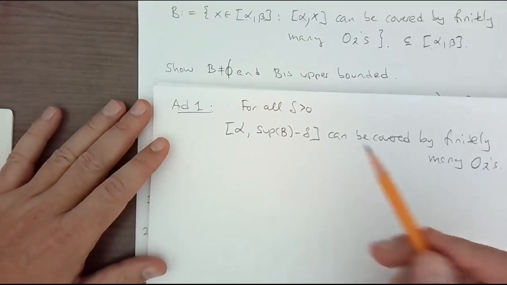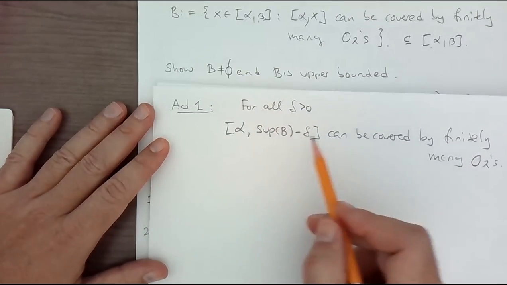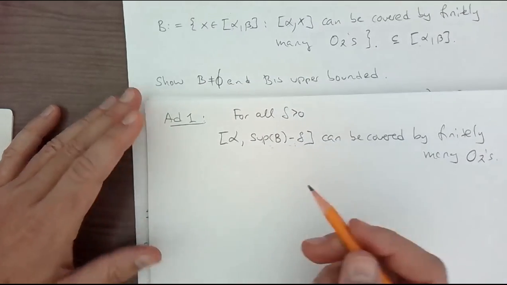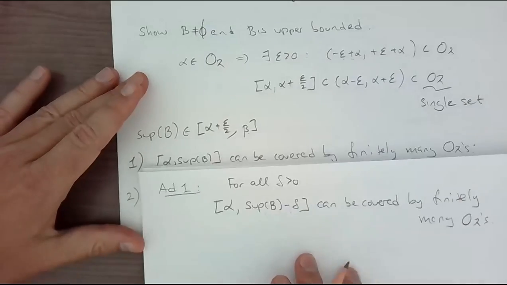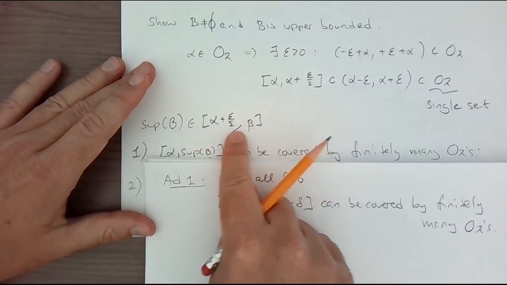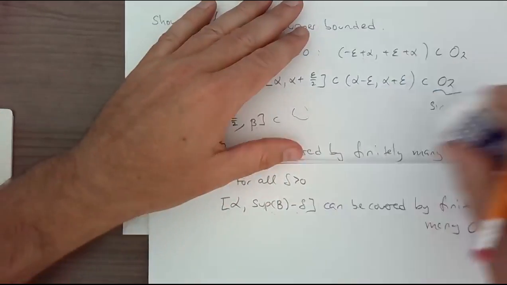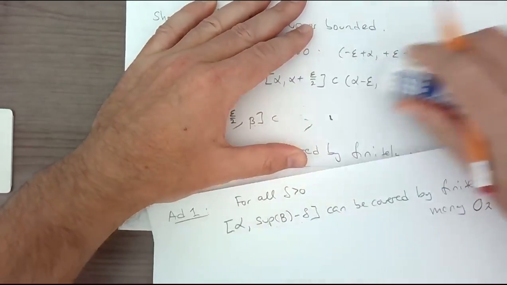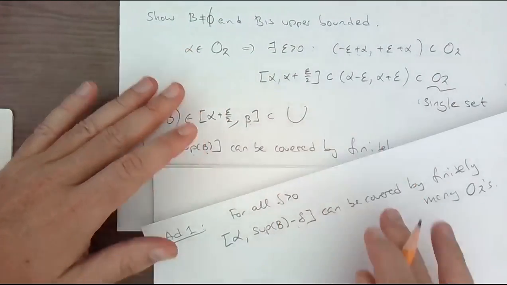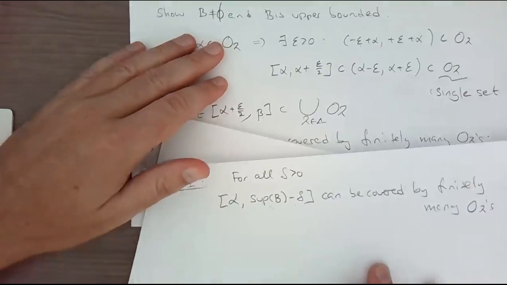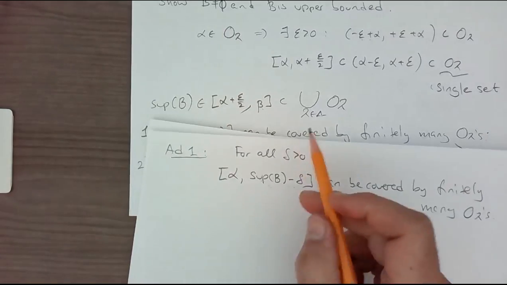So we have this, and then the question is, I just need to cover this last guy here by something. But we use that the supremum was given to be here. And of course, this is going to be inside that big union. So the supremum is inside that big union.